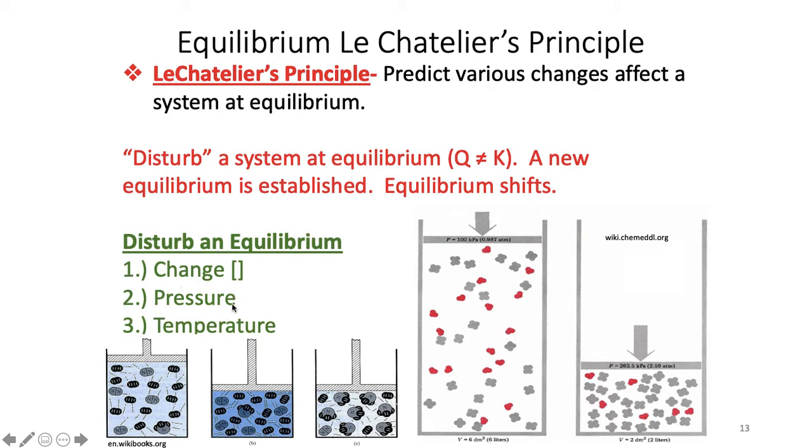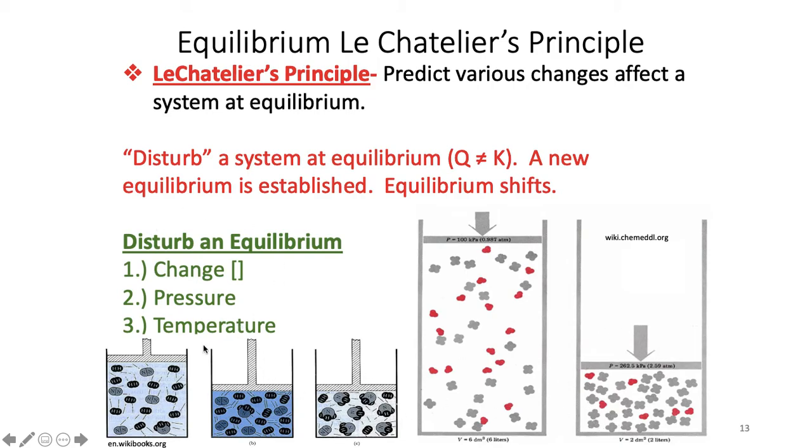I can change the pressure, especially if I'm dealing with gaseous systems, and I can change the temperature. I can add heat, I can remove heat. So if I have an exothermic reaction, that's going to act differently than an endothermic reaction if I add or remove heat.